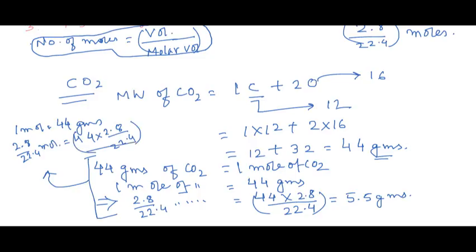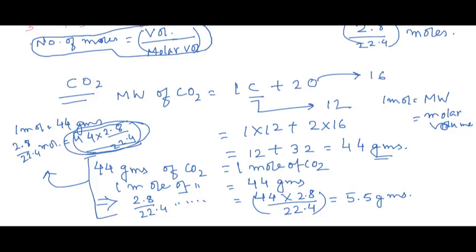But for those who are still not very much confident of their mathematics, I would suggest to do it in simple unitary method and not to directly multiply it like this one. Actually, the basic fundamental is 1 mole is equal to molecular weight is equal to molar volume. You have to use this fundamental to solve all the problems.